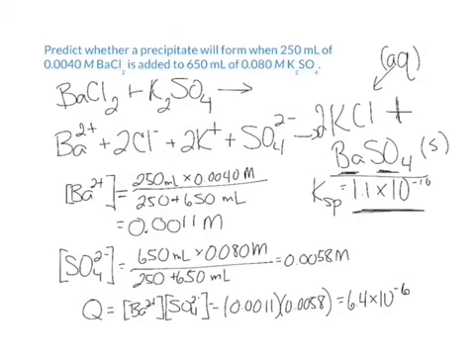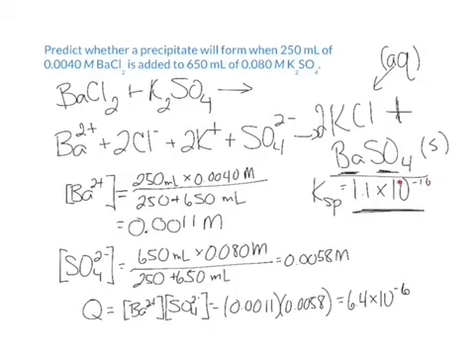So this is the concentration of your species in solution, and this is the Q of this particular scenario. Notice that it is larger than your KSP by quite a bit.